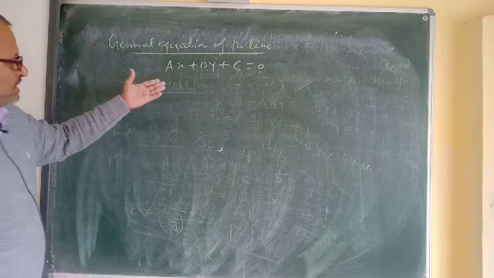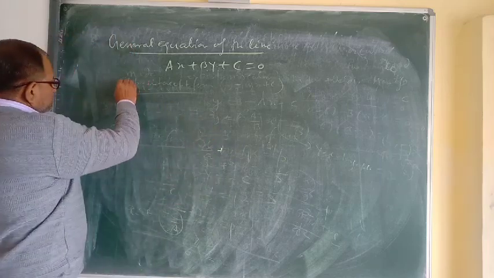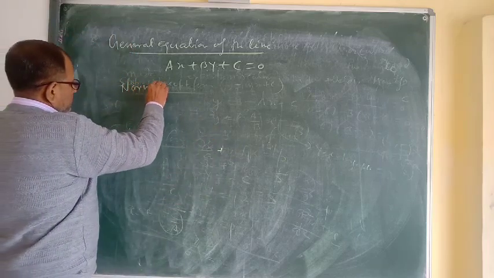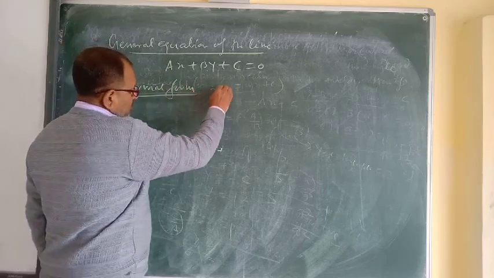How we can reduce it in the normal form? Normal form, what is the equation in the normal form?